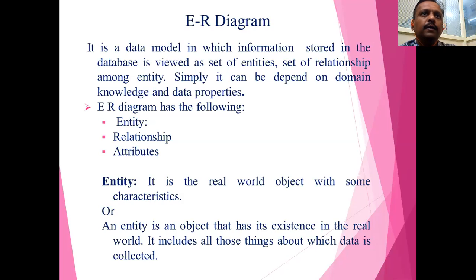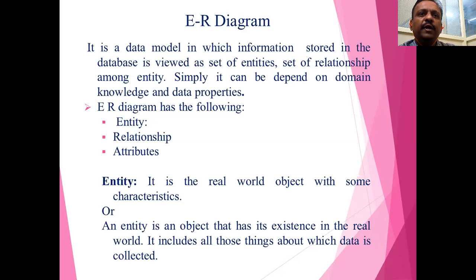Let's go to the details. It is a data model in which information stored in the database is viewed as a set of entities and a set of relationships among the entities. Simply, it depends on domain knowledge and data properties.